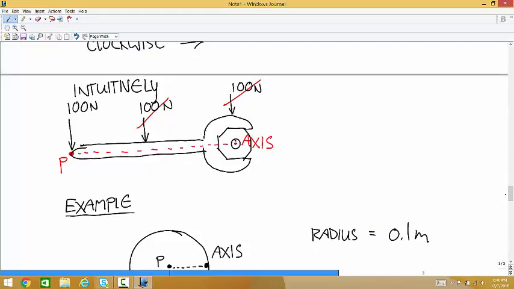If you want to loosen this, you want to get it to rotate counterclockwise. And so you know from experience that you want to pull down on it. If you want to tighten it, you want it to rotate clockwise, so you have to apply a force in the opposite direction. Right? Unless it's left-handed. Oh, yeah, right.